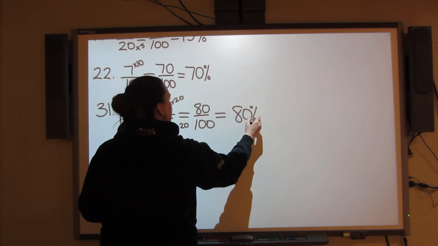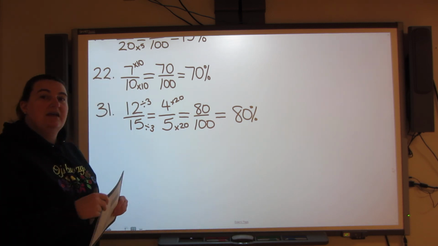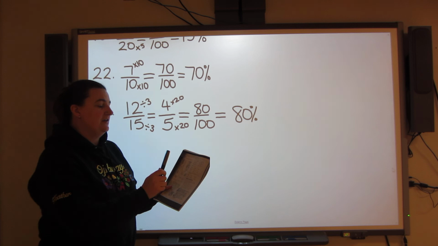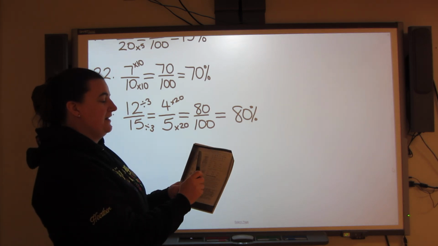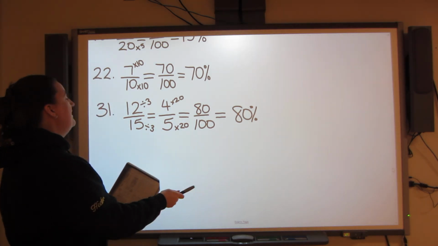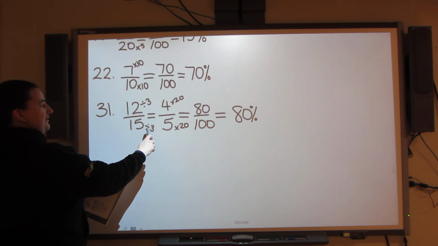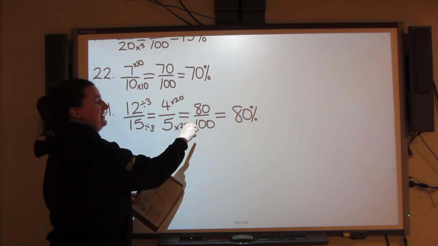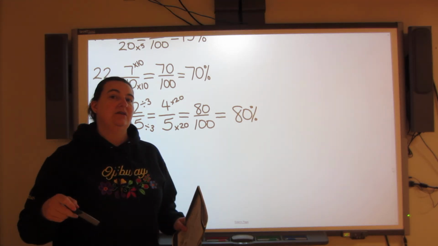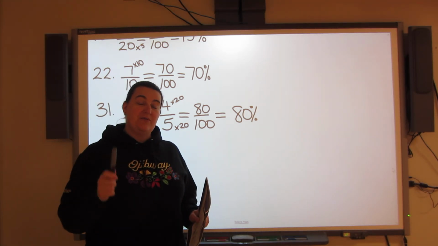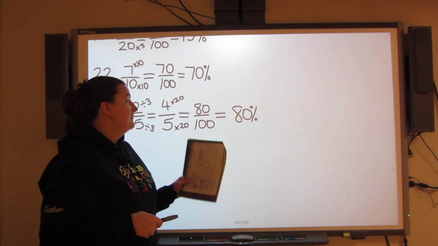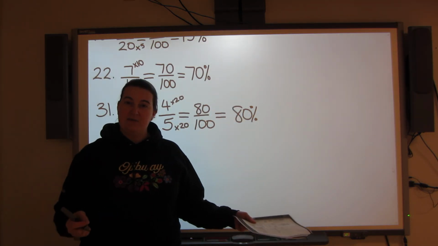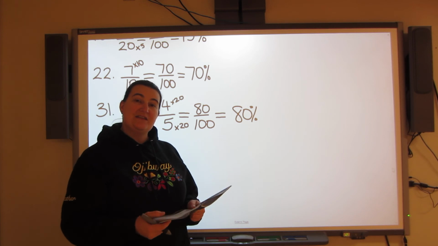So 80 is my percent. What this means is for number 31, 32, 33, 34, 35, 36, you have to first do lowest terms. And only once you have lowest terms can you change it into an equivalent fraction with 100 on the bottom. Of course, once you have 100 on the bottom, then you'll be able to find your percent no problem. Don't forget to ask for help if you need it.